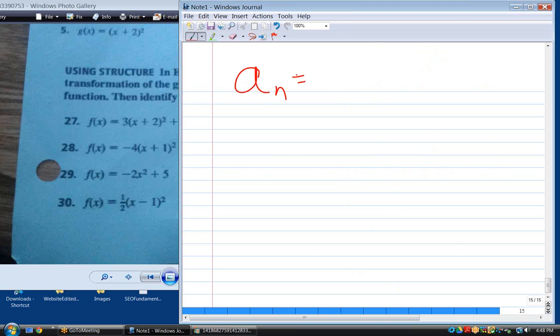It would just be a of n equals a of 1, a sub 1, plus the common difference times n minus 1. Okay. No matter what the arithmetic sequence, it fits this. Okay, let me give you an arithmetic sequence.